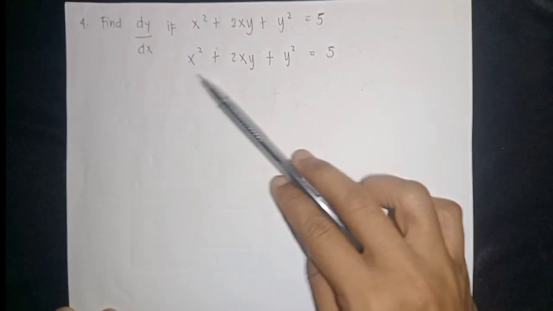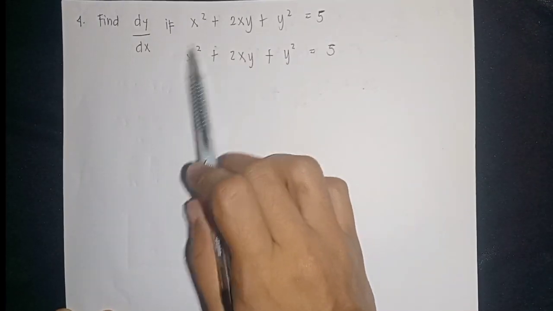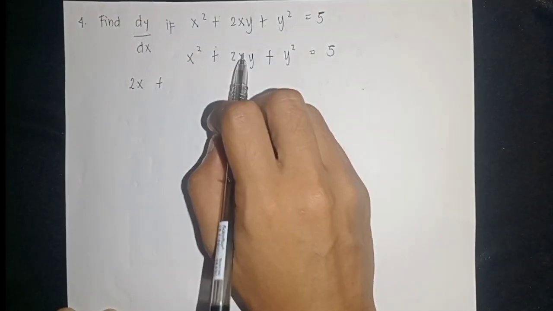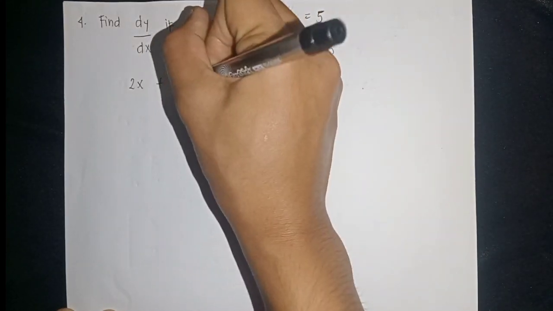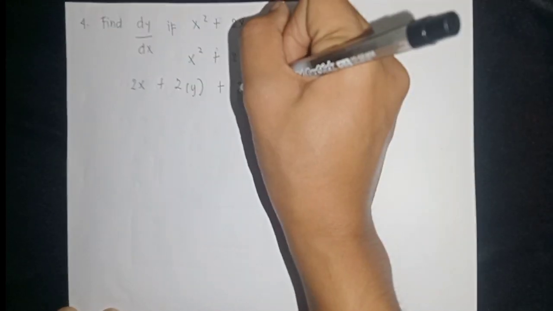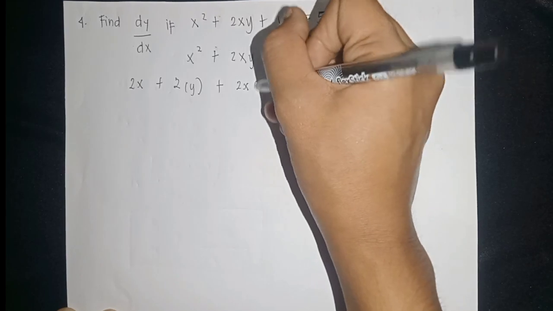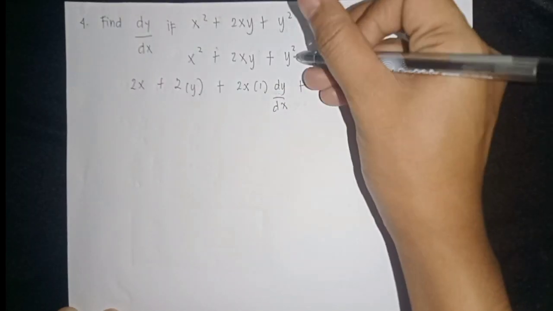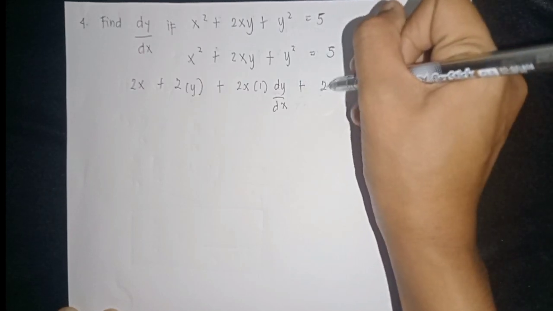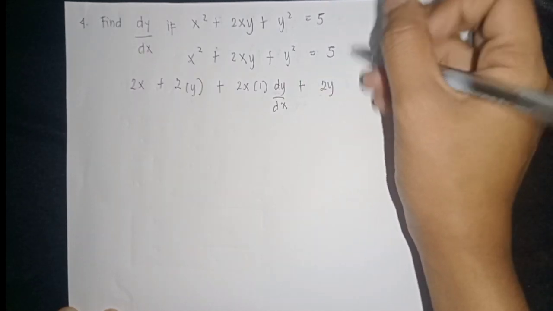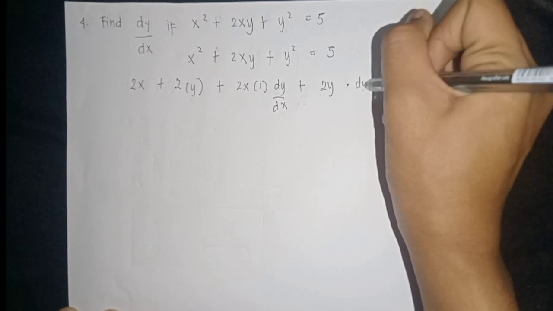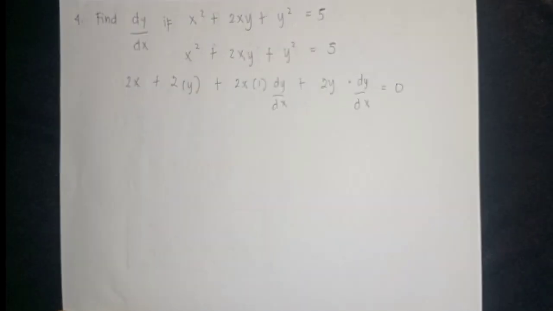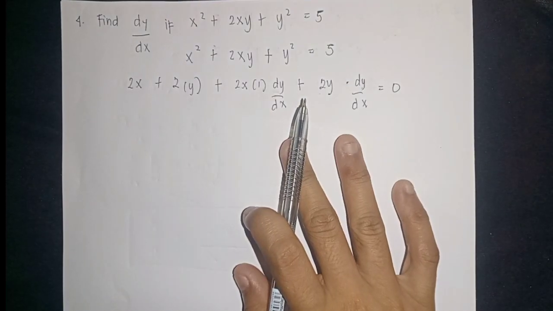The derivative of x squared is 2x, plus the derivative of 2xy, which has the variables x and y, so we have to split the 2. So 2 times y plus 2x times 1 times the derivative of y with respect to x, plus 2y, which is the derivative of y squared, is equal to 0, because the derivative of the constant 5 is 0.